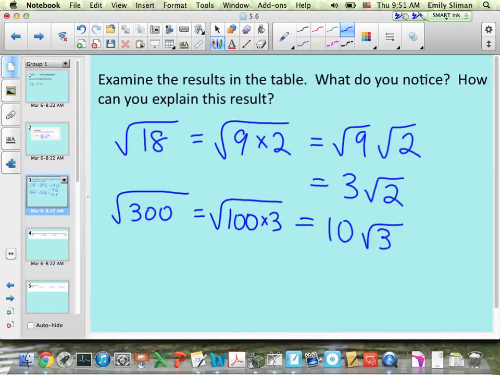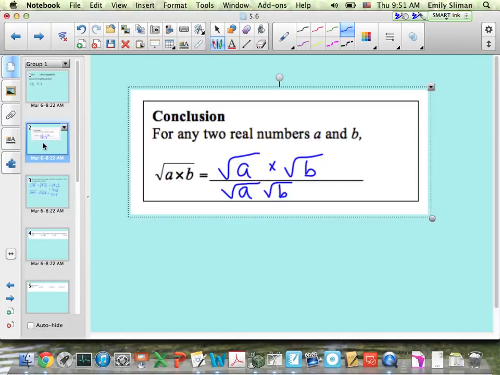So if I'm simplifying a radical, also known as a surd, so radical equals surd. Those are all the same words, equals anything under a root sign.